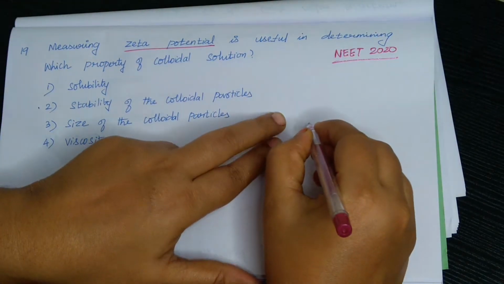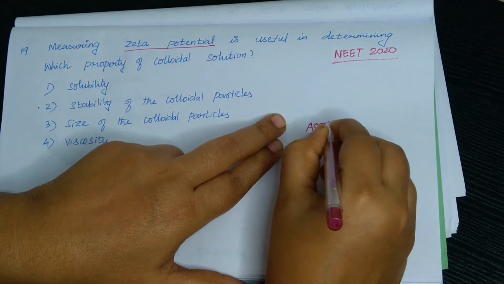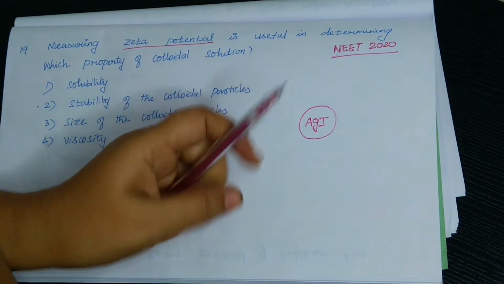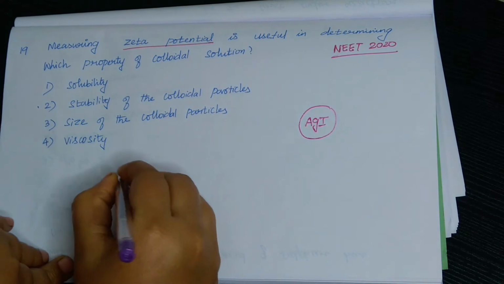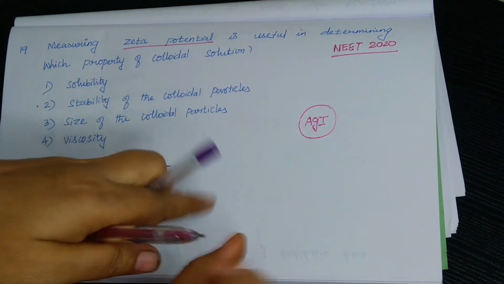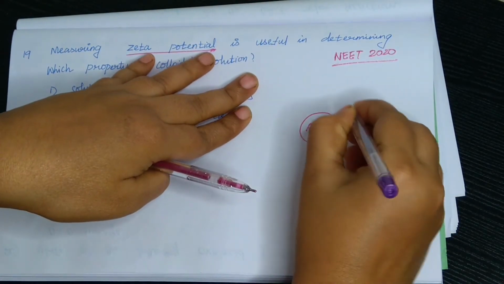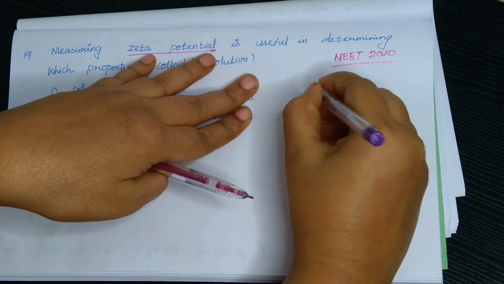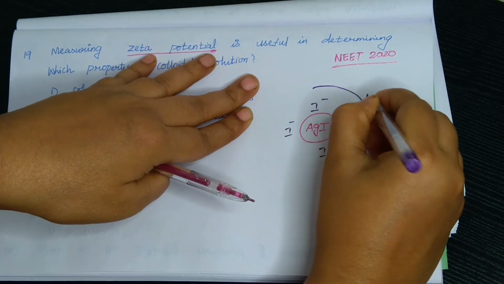See, for example, if AgI is the salt we are taking, when KI is added, due to the common ion effect, I minus will be in the next layer and then the next layer will be K plus.